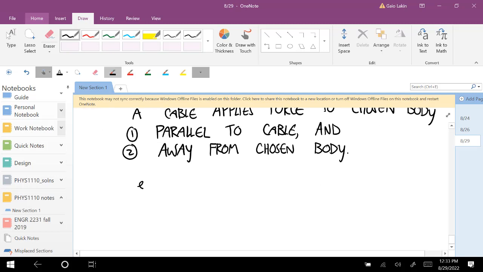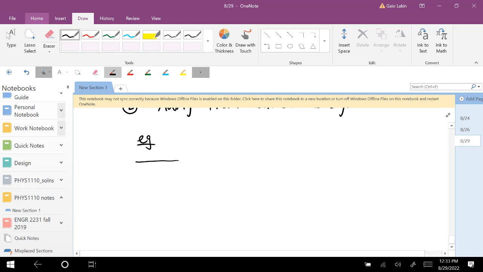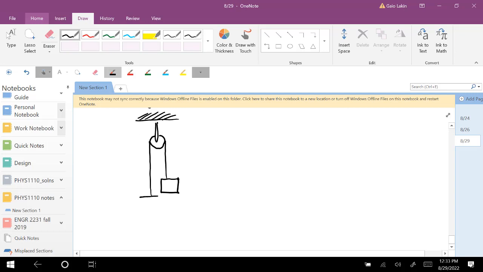So for example, let's say you have a pulley and a cable going over the pulley and 2 masses hanging from the 2 ends. I'll call this one box 1 and this one box 2.